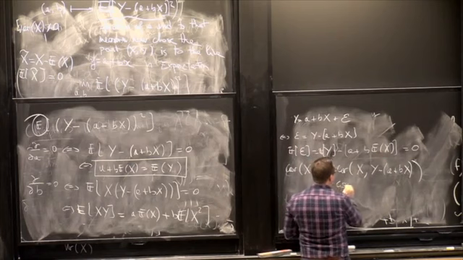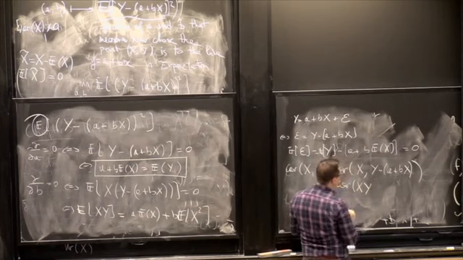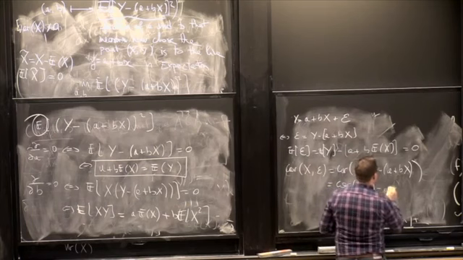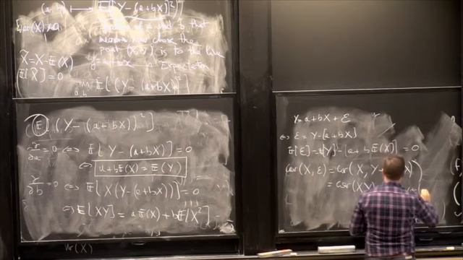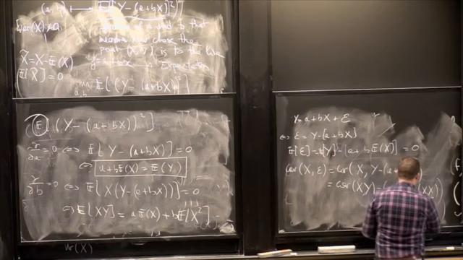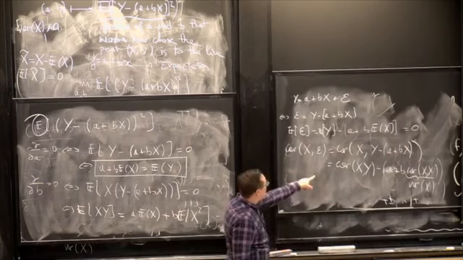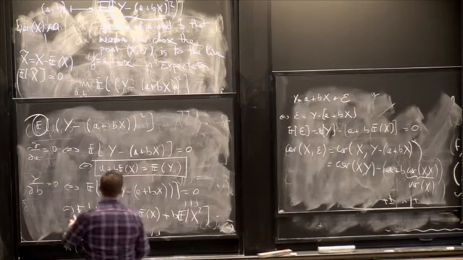So what I have is that the covariance of this is the covariance of x and y minus (a plus b) times the covariance of x and x, which is the variance of x. Covariance of xy minus (a plus b) variance of x.